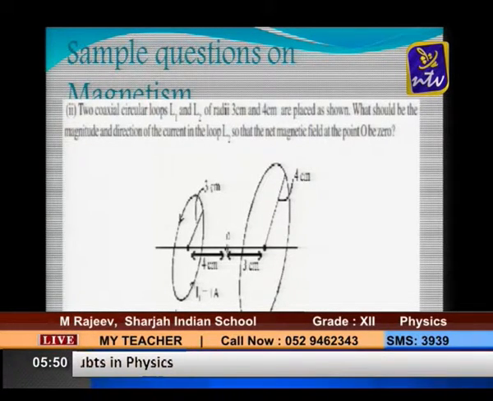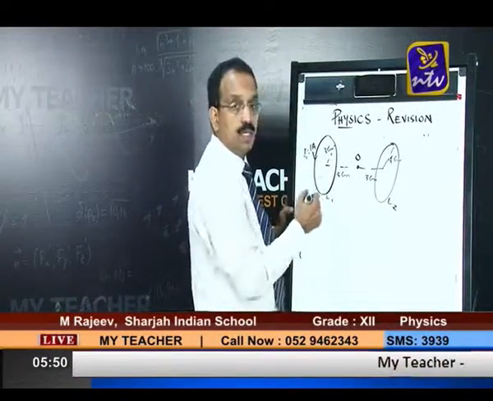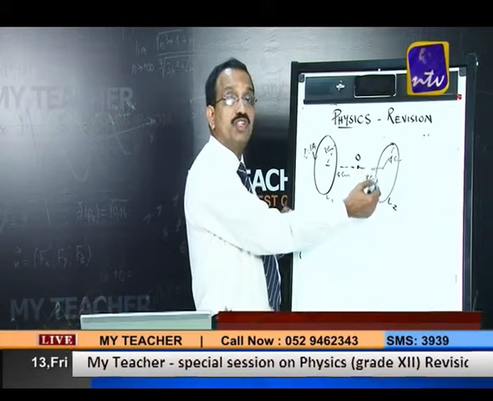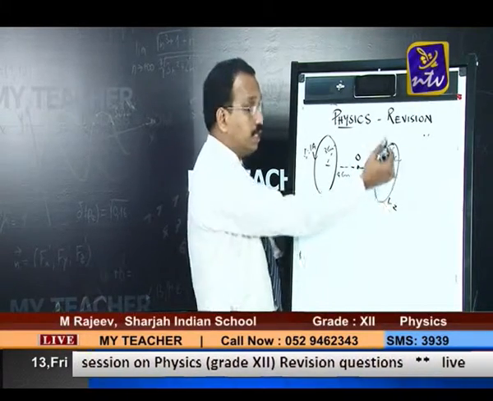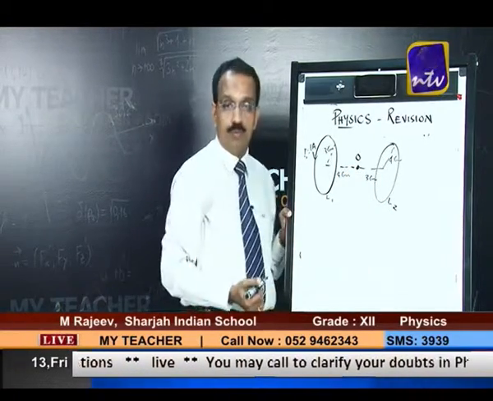Okay, now you can look at the board. We are going to find out what should be the magnitude and direction of the current in this coil so that the magnetic field at this point should be 0.